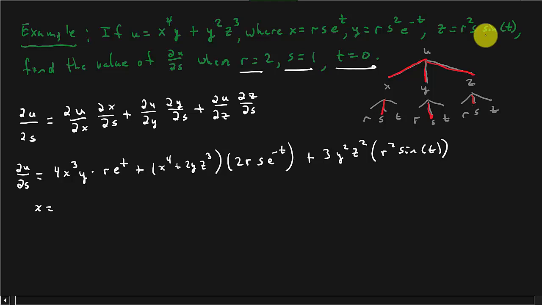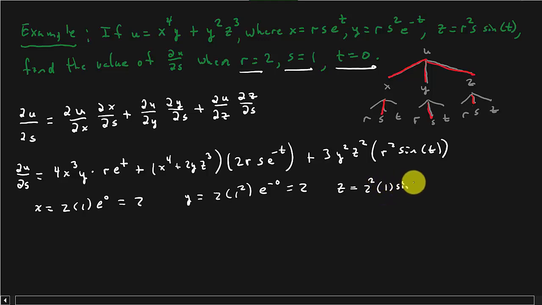So let's just figure out what x and y are. x would be 2 times 1 times e to the 0, which is 2. y is equal to 2 times 1 squared times e to the negative 0, which is 2. And z is equal to 2 squared times 1 times sine of 0, which is 0.